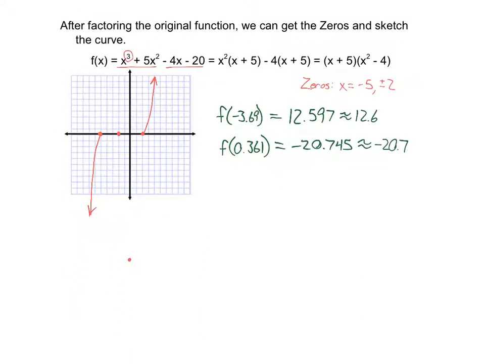Alright, so if I look here, my y-axis went down through that negative 20. Okay, the actual min point is going to be just next to it on the positive side at 0.361, negative 20.7.